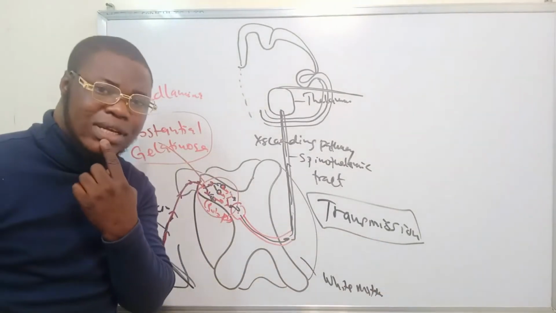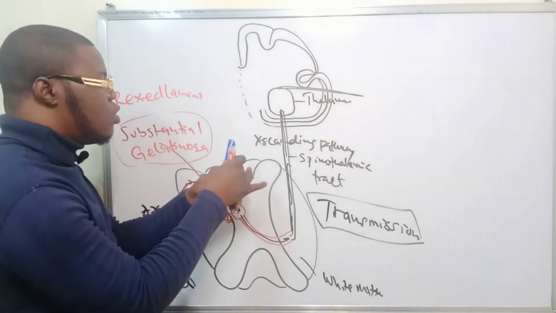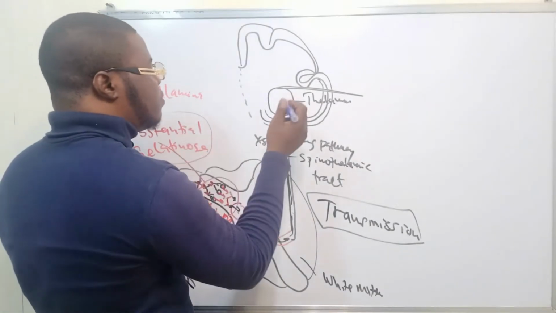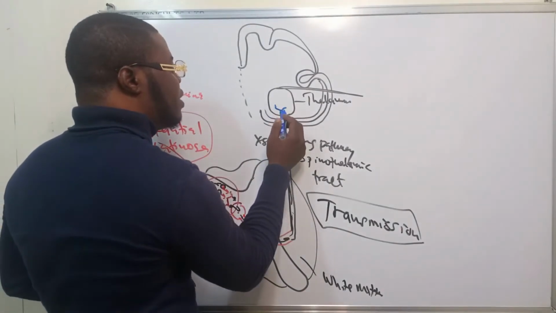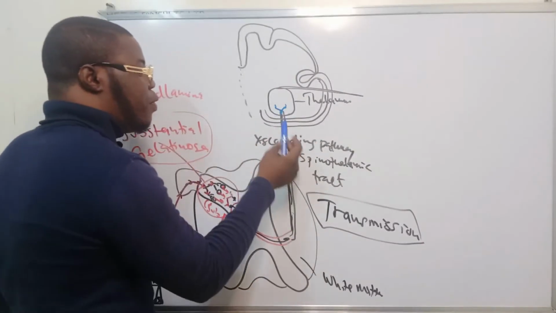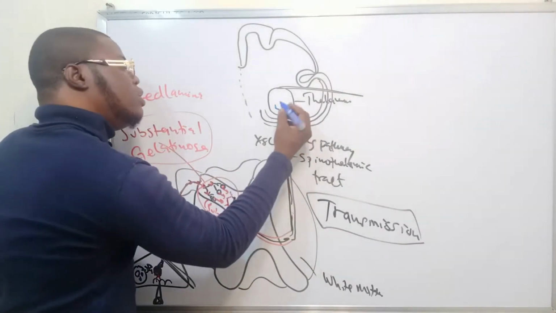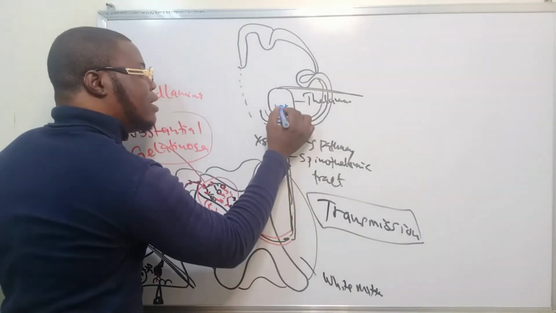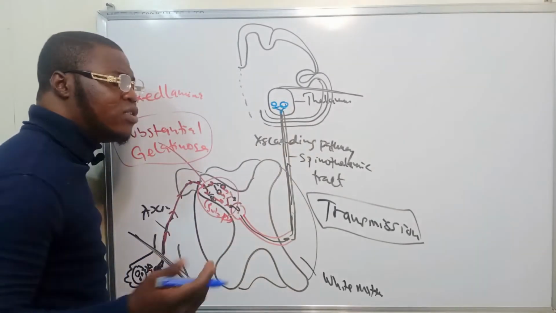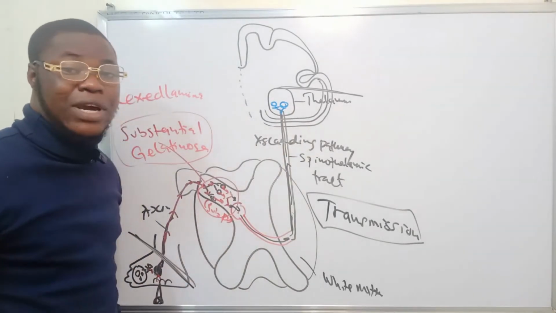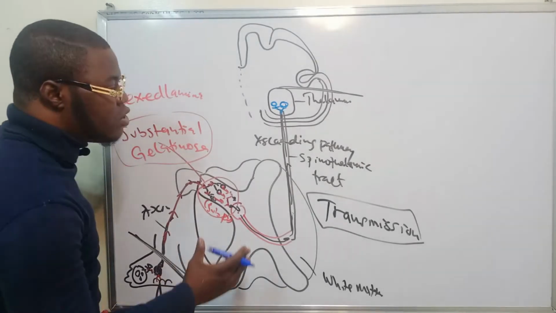And now, what next? I've told you before that once the impulse stops within this thalamus, this is the axon now, the axon will form terminal dendrite and synaptic knob. You've known all this before thanks to the pain pathway, so it's going to be easy for you.